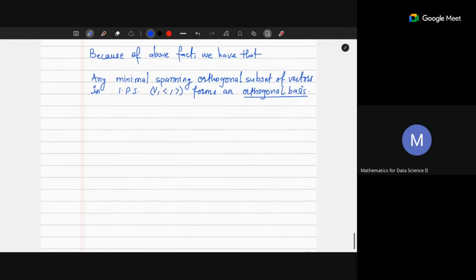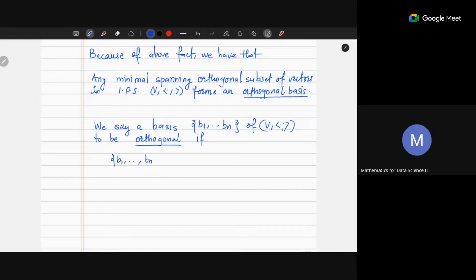Now let me write down what we mean by an orthogonal basis. We say a basis B1 up to Bn of an inner product space is orthogonal if B1 to Bn is an orthogonal subset.